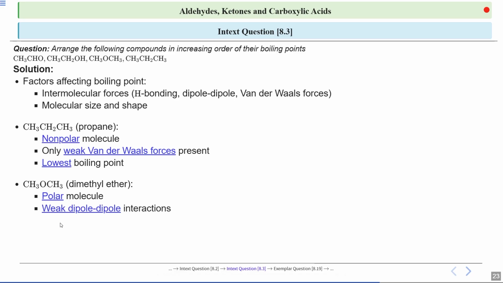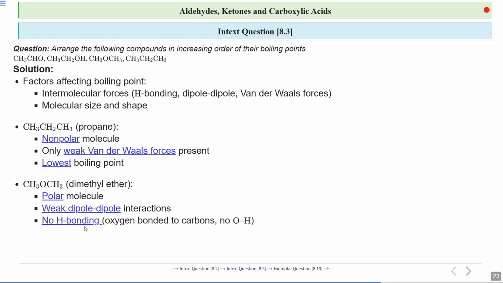Dimethyl ether has weak dipole-dipole interactions. These interactions are stronger than van der Waals forces, but weaker than hydrogen bonds, due to the presence of dipole-dipole interactions without the additional strength of hydrogen bonds.